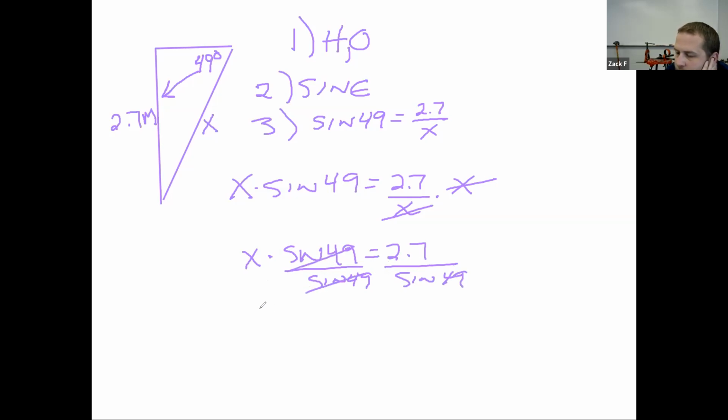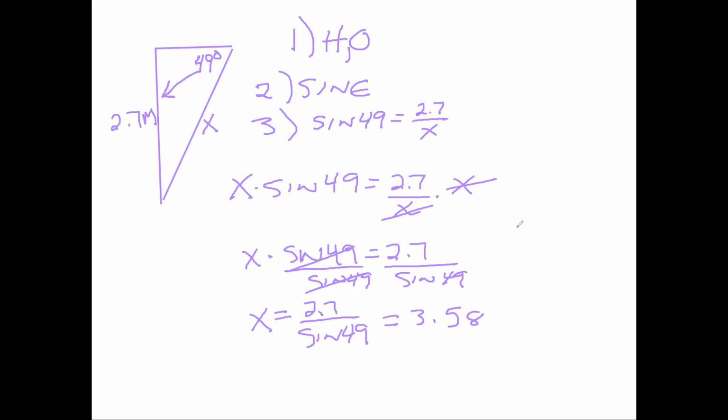Those cancel, and you're left with x equals 2.7 divided by sine of 49, which equals 3.58. You said 3.58?